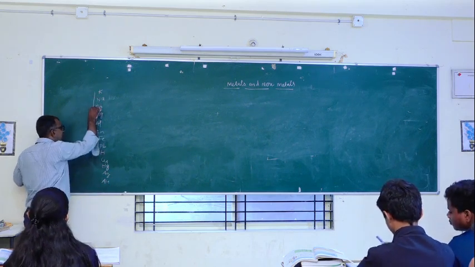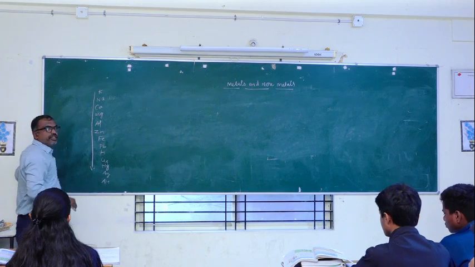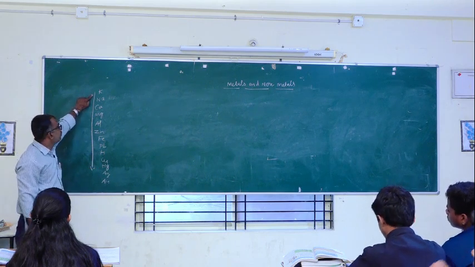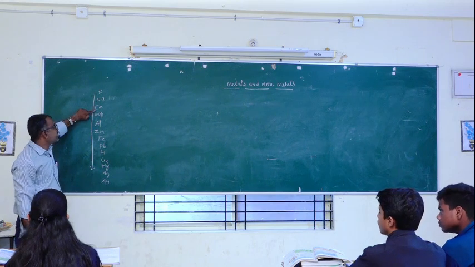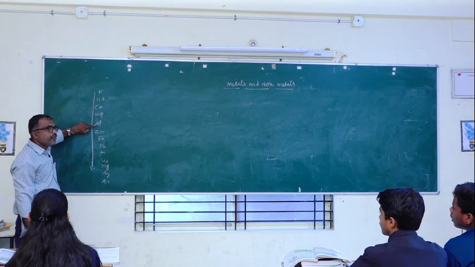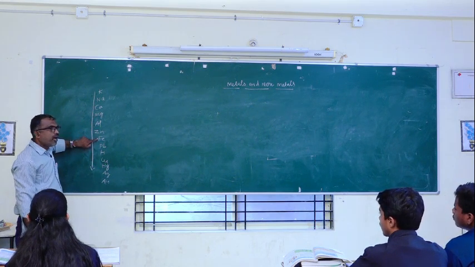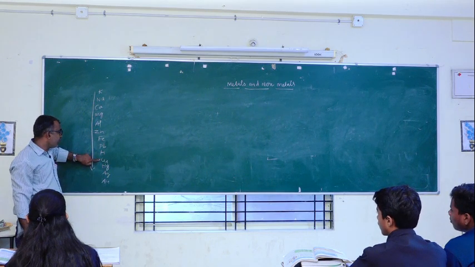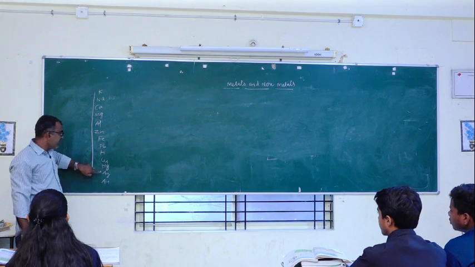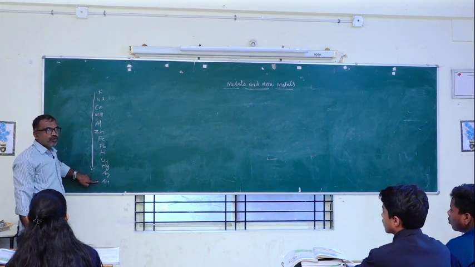So this is the reactivity series: potassium, sodium, calcium, magnesium, aluminium, zinc, iron, lead, hydrogen, then copper, then mercury, silver, and then gold.